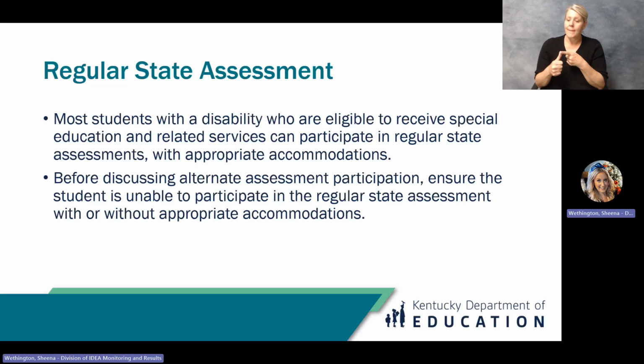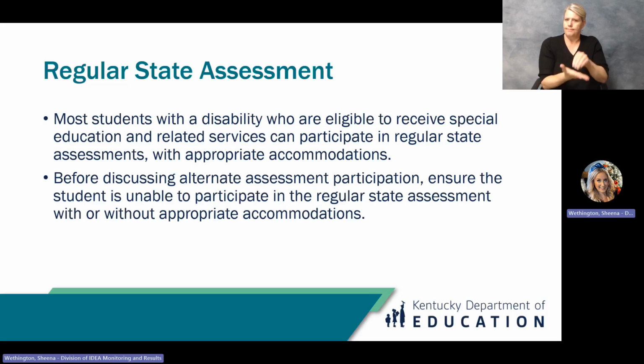Questions the ARC will ask the team include: can the student participate in the regular state assessment without accommodations? Can the student participate in the regular state assessment with accommodations? If so, what accommodations does the student need? The specific accommodations needed can be reviewed and documented by the ARC.